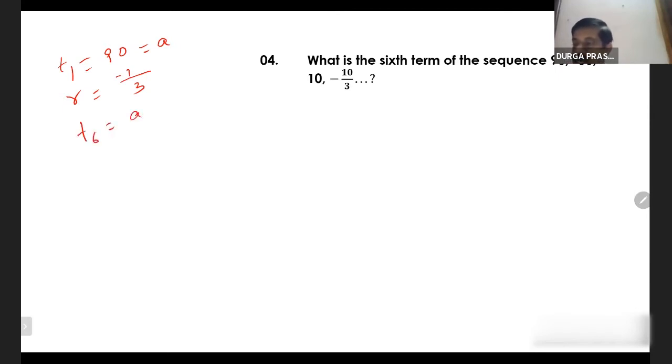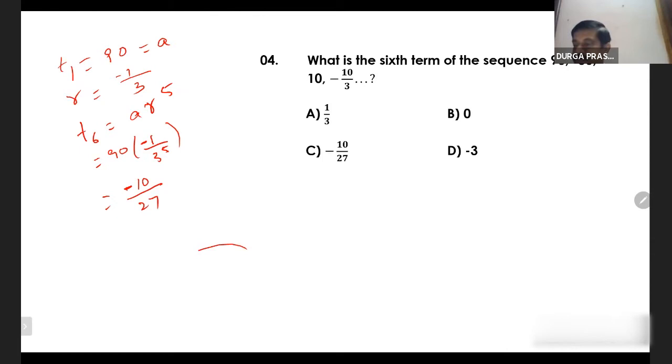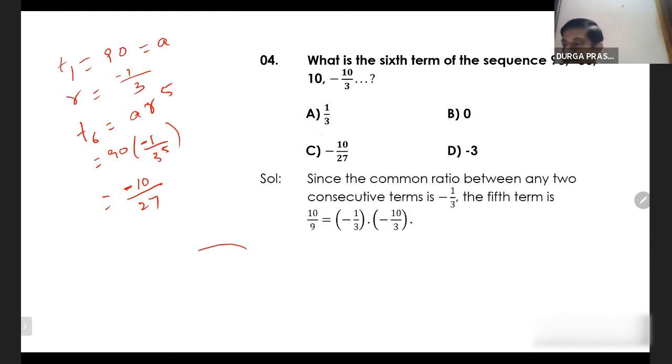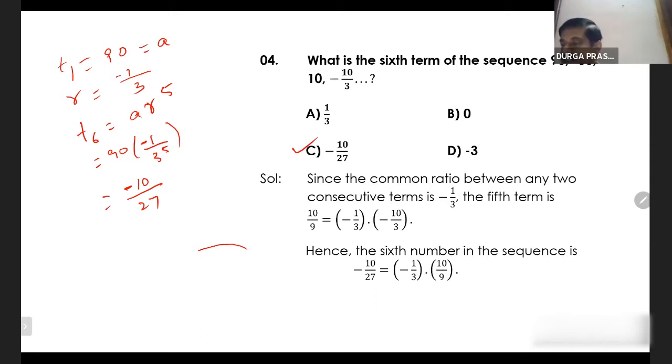T6 is AR to the power 5. So that is 90 into minus 1 by 3 power 5. So 3 square is 9, so minus 10 by 3 cube is 27. So minus 10 by 27 is option C. Please note it fast.